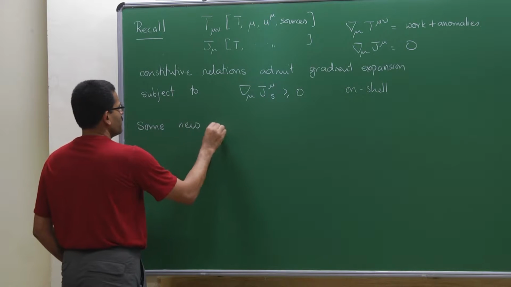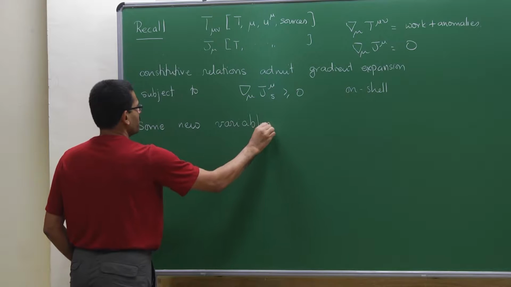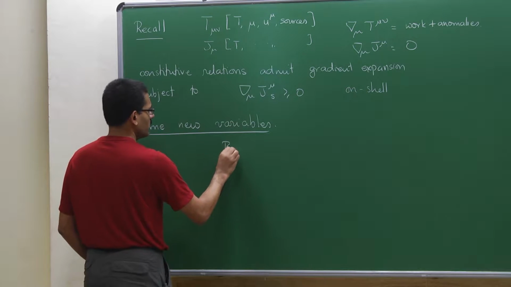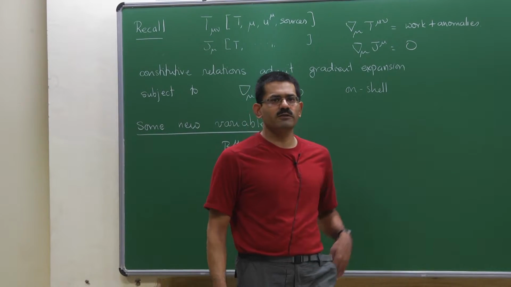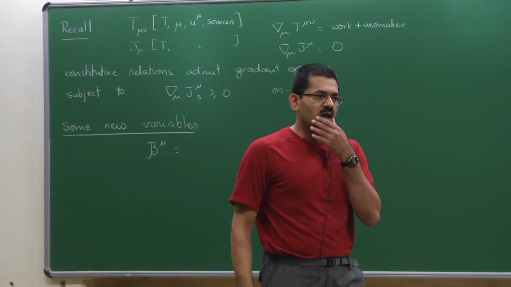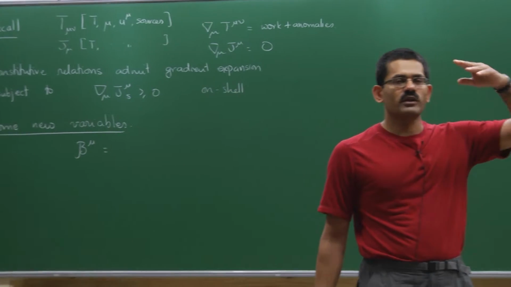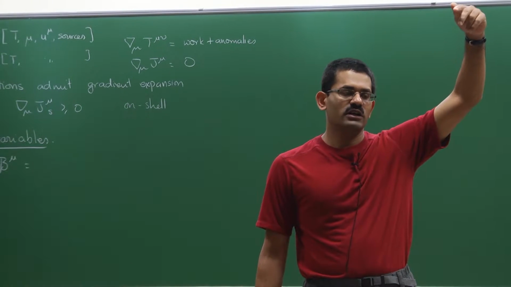Let me introduce some new variables. So far this is just going to be a rewriting. The velocity field was normalized, and if you forget about charges for a moment, then I just have a velocity field and a temperature, a normalized vector and a scalar.